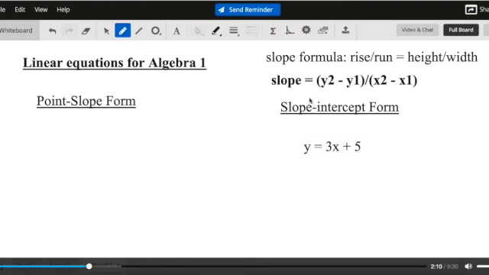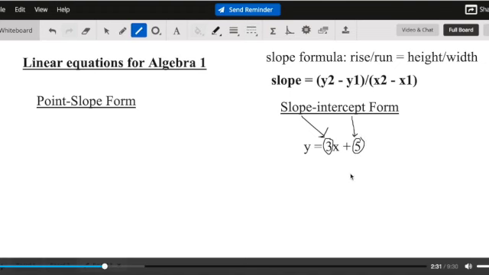In this case, whatever's the multiple of your x is your slope. So in this case, my slope is 3. And your y-intercept, the place where your line intersects with the y-axis, is going to be this constant right here, which is 5. So once you know this, you can graph it.